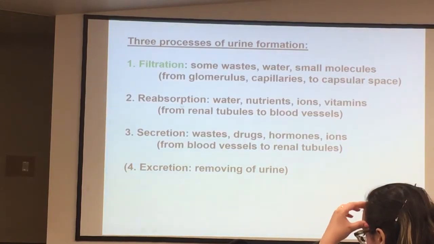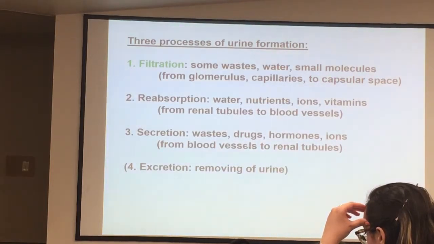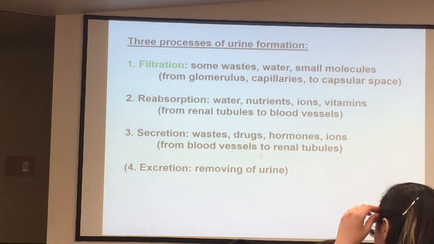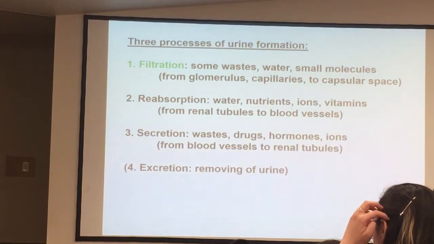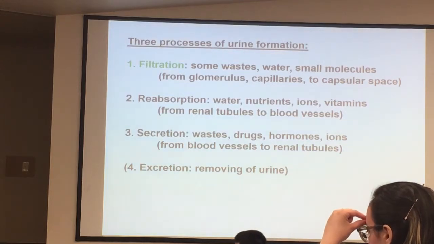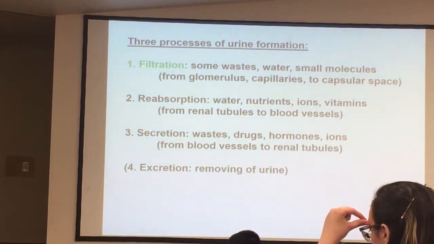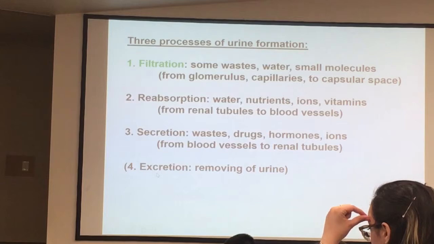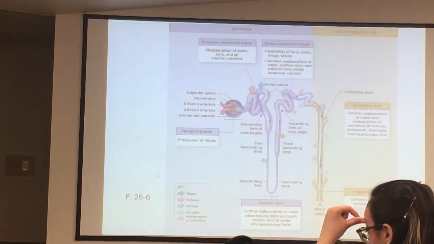Reabsorption means we take it back, send it to the blood circulation. Secretion means something we don't want, we add it from the blood capillary directly to the renal tubule, not through the Bowman capsule. And the last step is excretion, removing the urine.